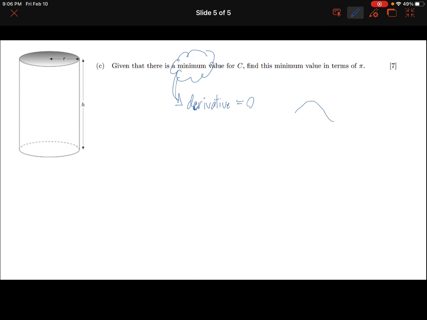So in other words, if we had a function like this for C of r in this case, if we called this C, we'd want to know for the minimum, when is the tangent line horizontal? When is the derivative equal to 0? That implies the tangent line is horizontal. If there were a maximum question here too, it would be the same thing. It would be the first derivative equal to 0. It doesn't matter. Every single type of optimization question is a C prime of r or f prime equal to 0.